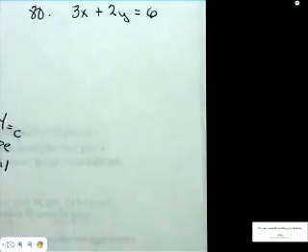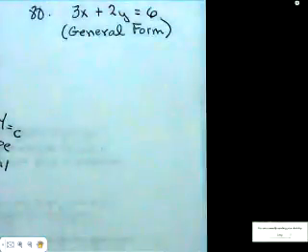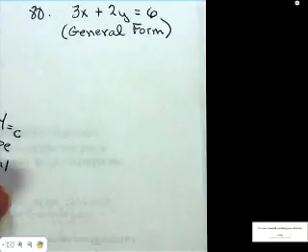The first thing I want to pop in your head when you see that x and y on one side and constant on the other is, hey, that's general form. And so the fastest way to graph it would be to find the what? And what are you finding when you do that?